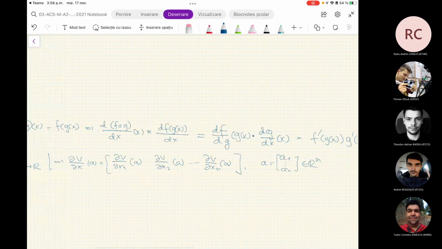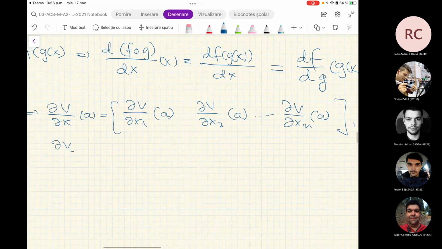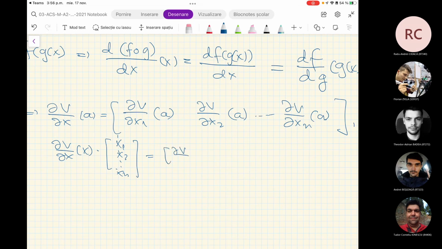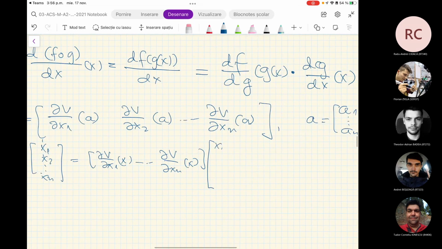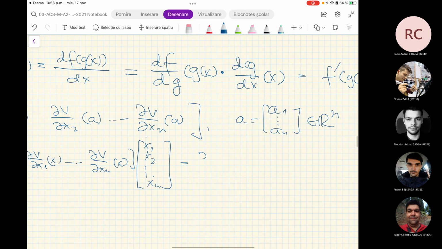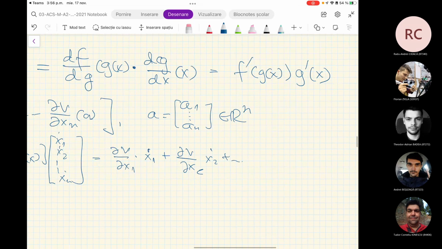If you multiply this now, dV/dx at x multiplied with x dot, which is x1 dot, x2 dot, up to xn dot, this is dV/dx1 times x1 dot plus dV/dx2 times x2 dot plus up to dV/dxn times xn dot.